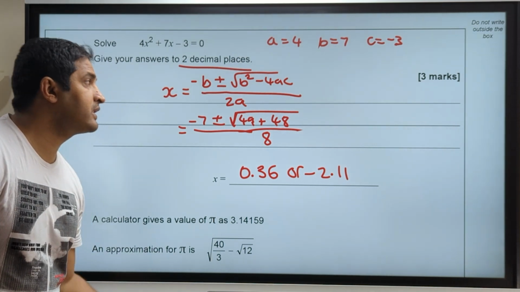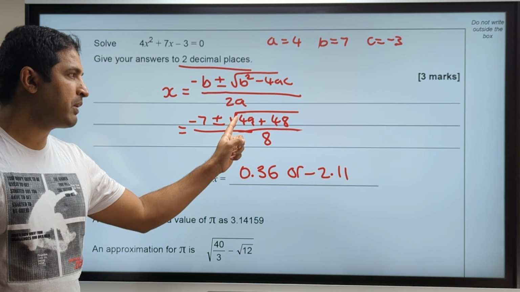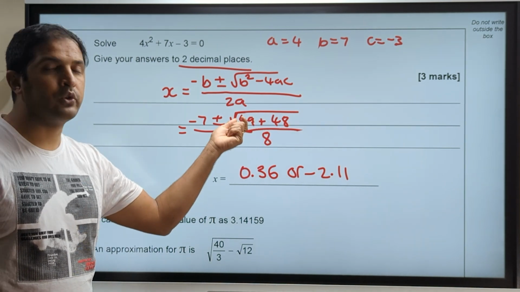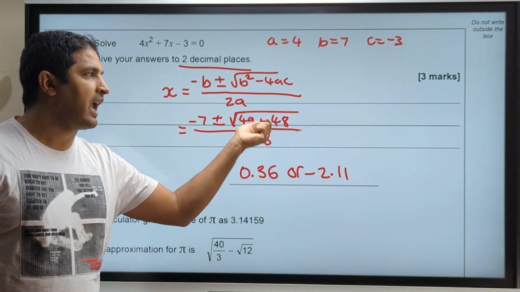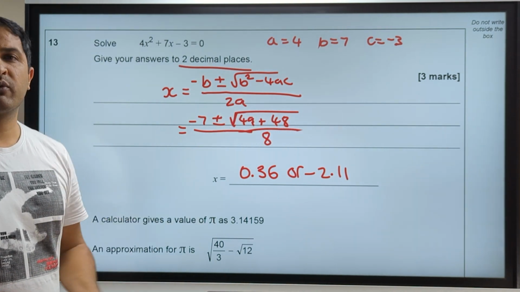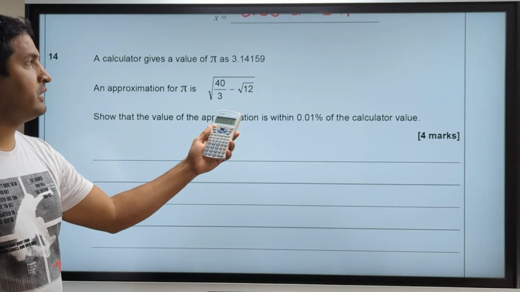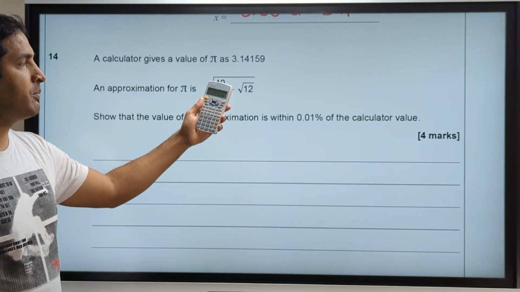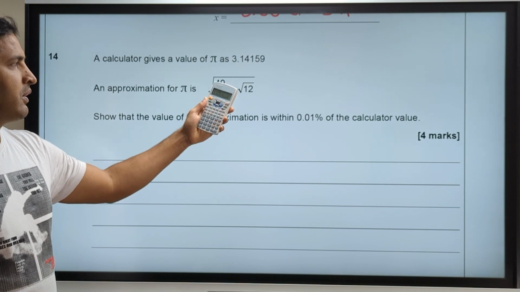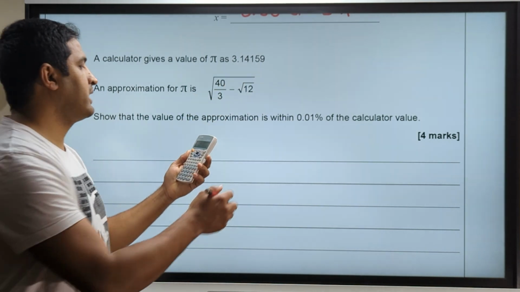Again, when you're putting things in the calculator, make sure you put the brackets around negative 7, and you put the bracket inside the square root, so you know you're square rooting 49 and add 48, both of those added together, and then you're square rooting it.